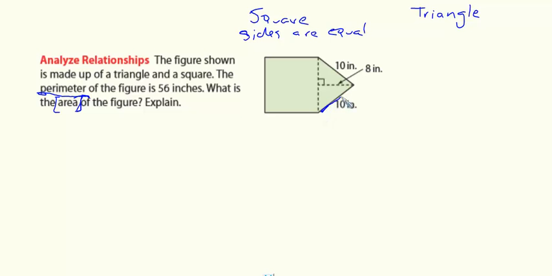So I see that one side of my triangle is 10 inches, and I have another side that's 10 inches.